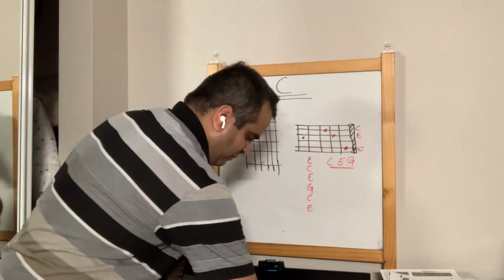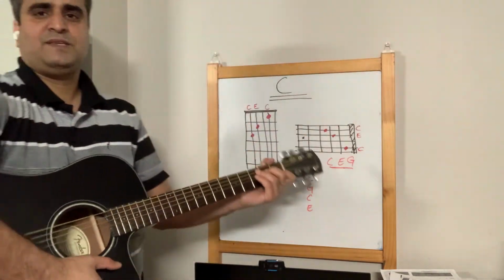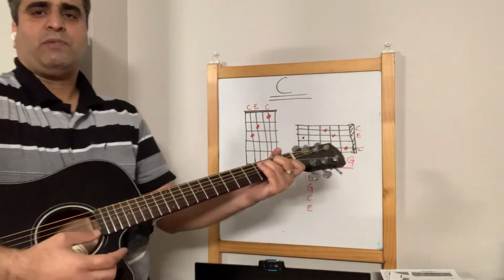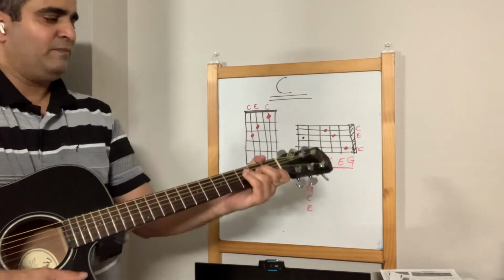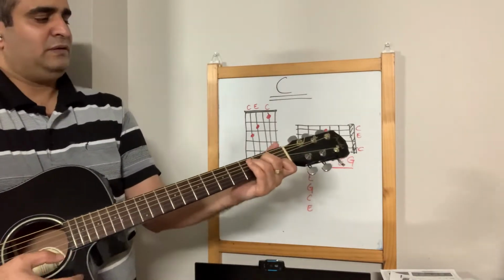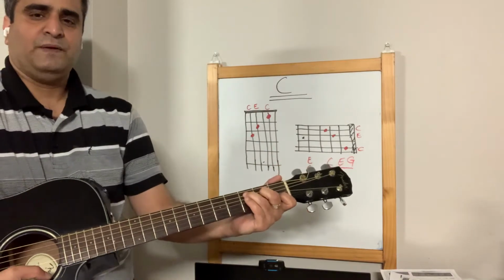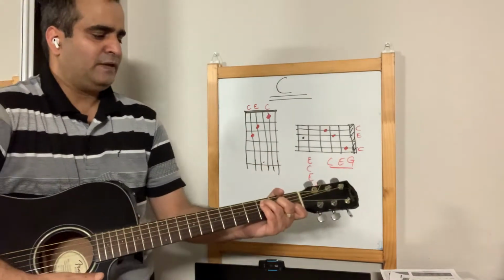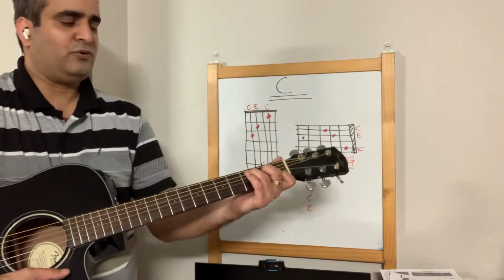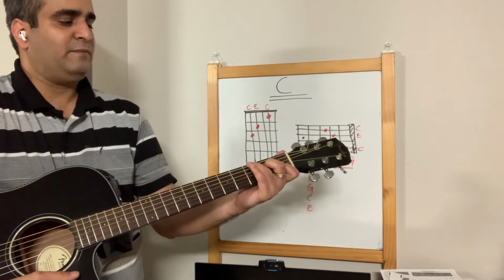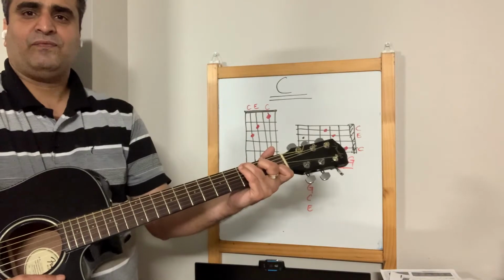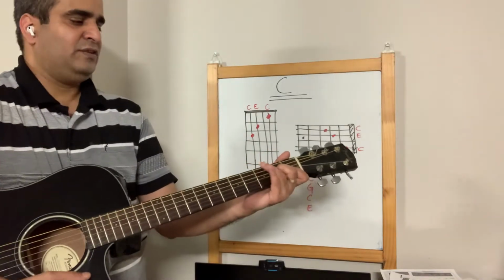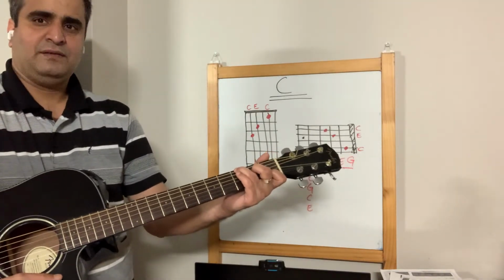Okay, so there is one more way of playing C major where you use the pinky finger as well. How do you do that? So this is the position which I just showed you. In the second type of playing C major, you can take your pinky finger and put it on the sixth string third fret. So then this becomes G, right?